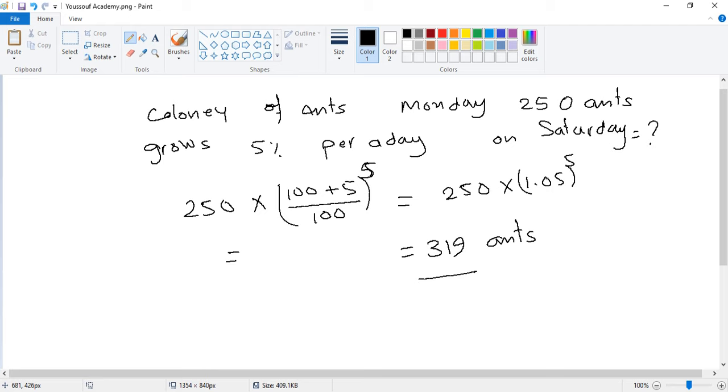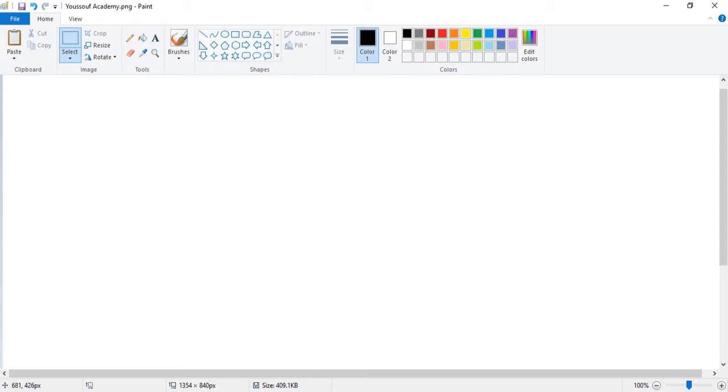Okay, compound decay. What is the meaning of compound decay? Let's have one of the questions. Depreciation. Find the depreciation of 550 pounds after 3 years at depreciation rate 3%.